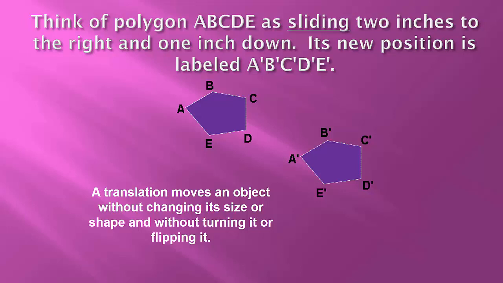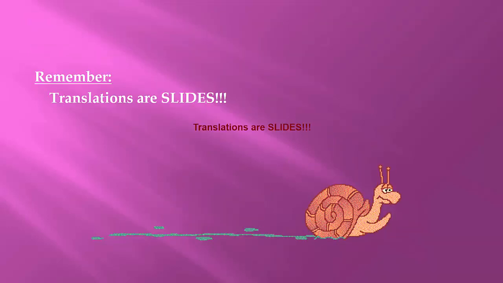And its new position will be labeled as A prime, B prime, C prime, D prime, and E prime. So again, a translation moves an object without changing its size or shape and without turning it or flipping it. Remember that translations are slides.